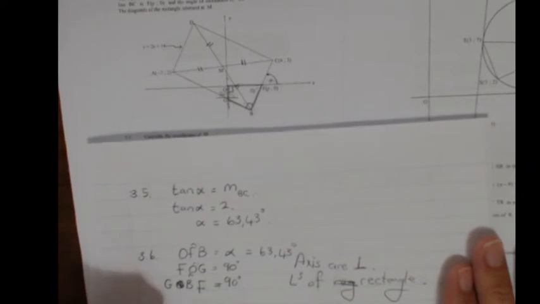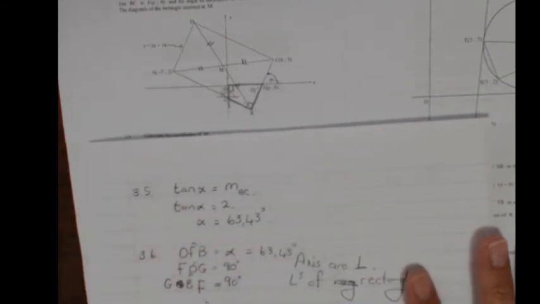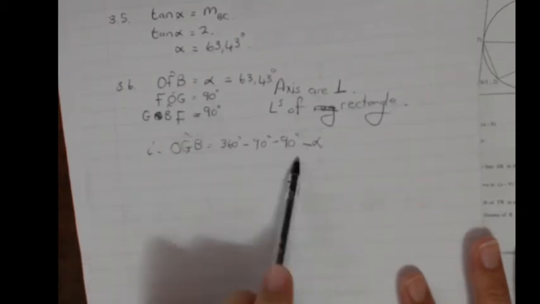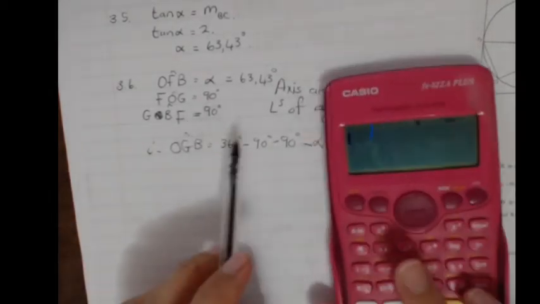Okay, a rectangle. That means then that OGB, which is the angle that I'm looking for, must be 360 minus 90 minus 90 minus alpha. Because like the angles of a triangle add up to 180, the angles of four-sided figures add up to 360.